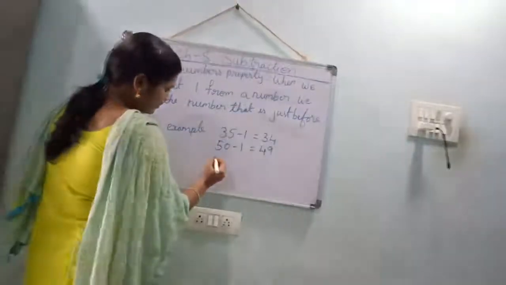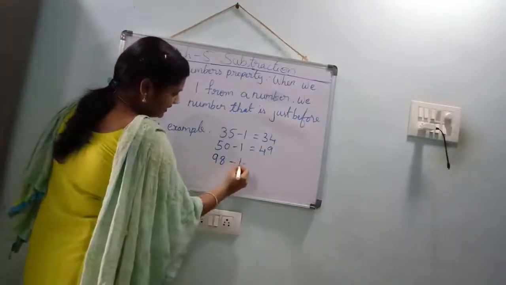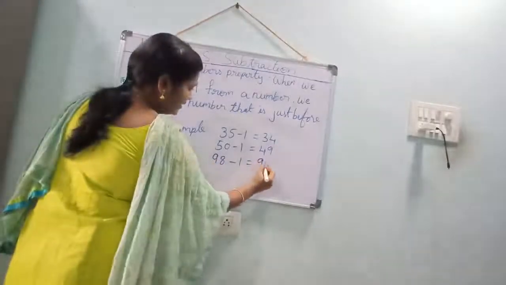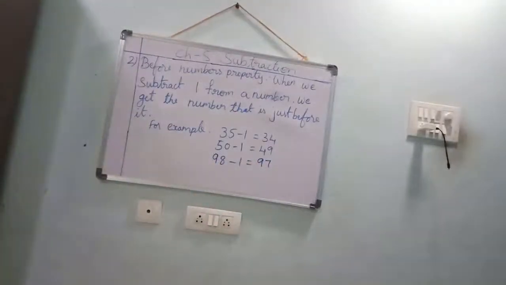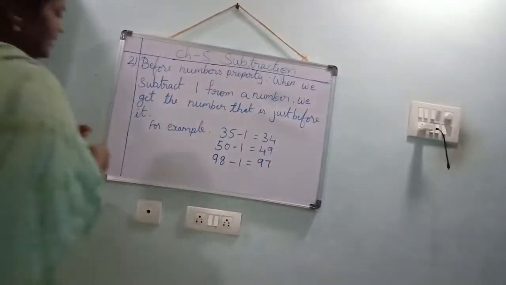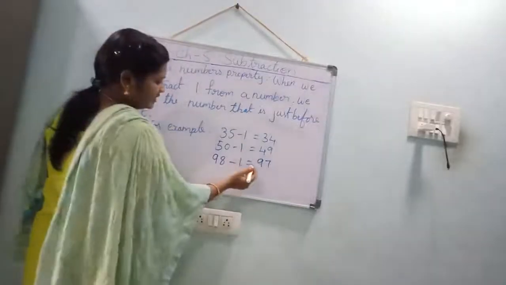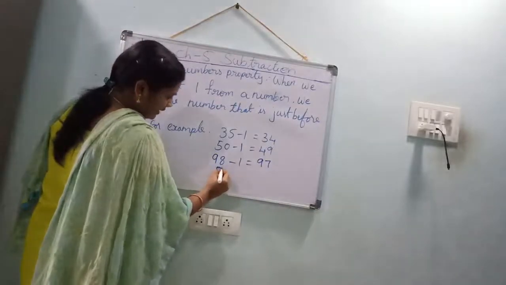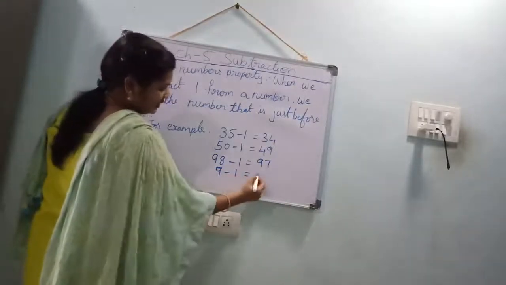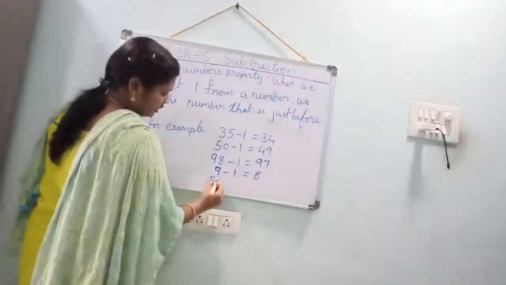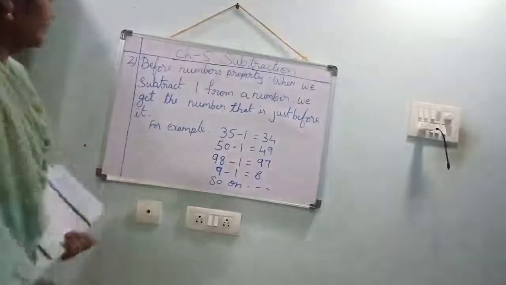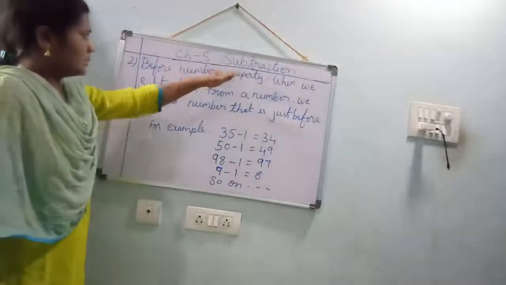Again, 98 minus 1, just before number, 97. 9 minus 1, 8, and so on. So many numbers you can write. See, before number property.